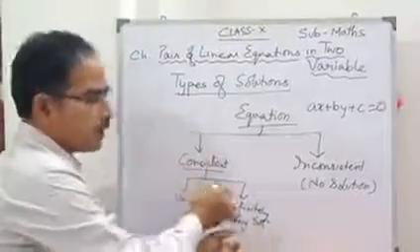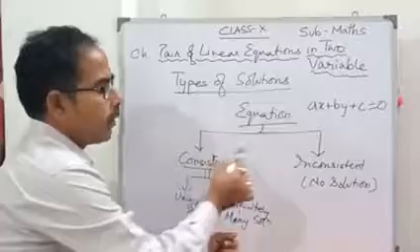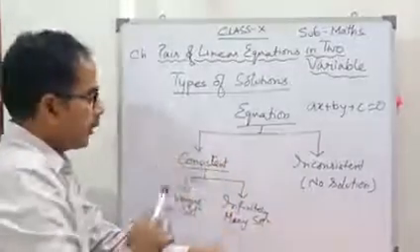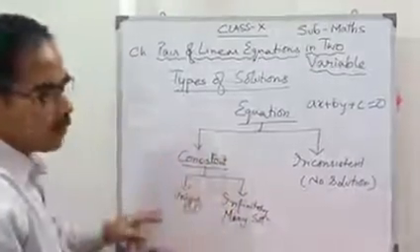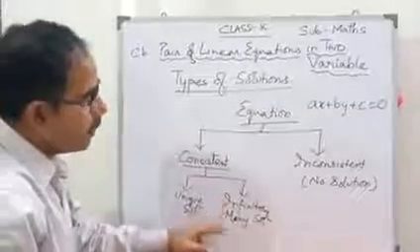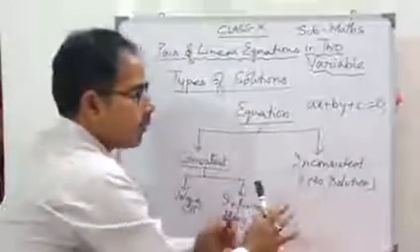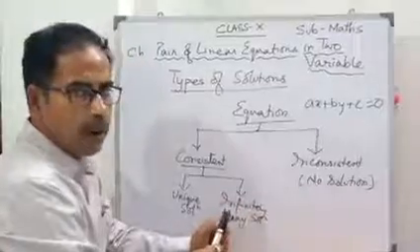First one is consistent type of equations, another one is inconsistent type of equations. Under the consistent, there are two things. One is unique solution, another one is infinitely many solutions. And under the inconsistent, there will be no solutions. Okay?